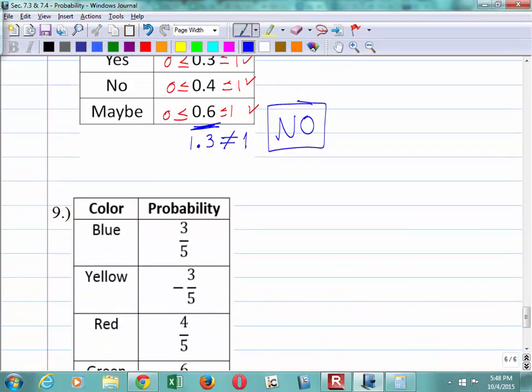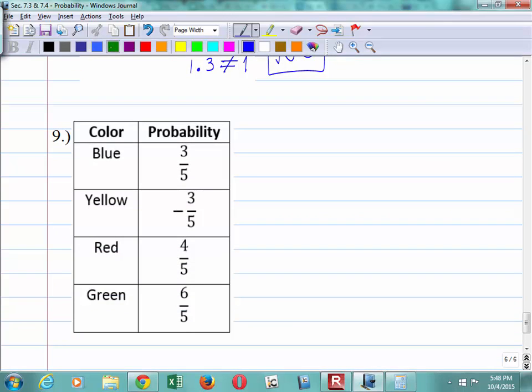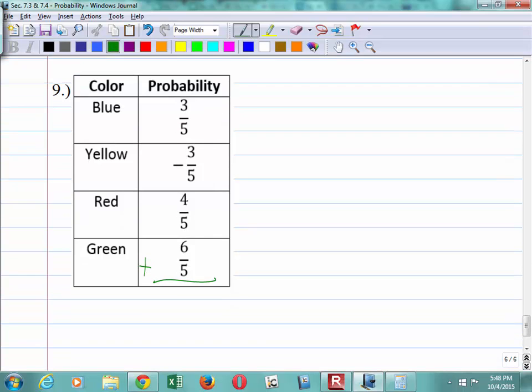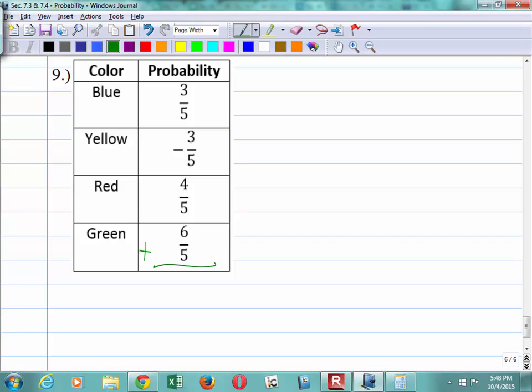Alright, now number 9, if we were to add all of these up, we would still get a number that's greater than 1. This would actually be equal to 2, which is definitely not equal to 1.